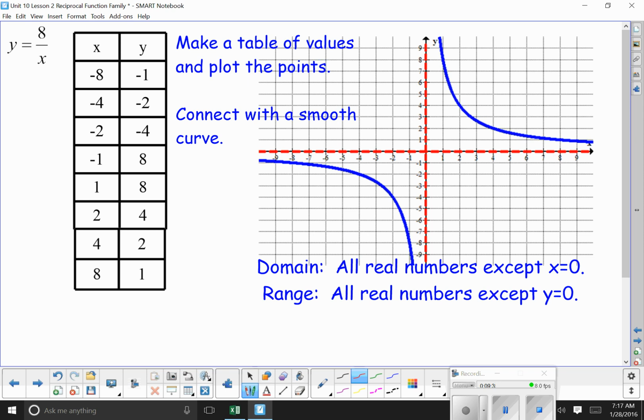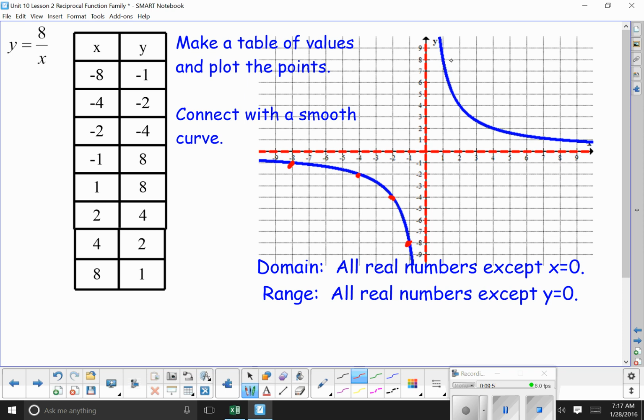I can then make a table of values and plot the points. Some very critical points. When x is -8, y is -1. When it's -4, it's -2. -2 gives me -4, -1 gives me -8. I can draw the curve.